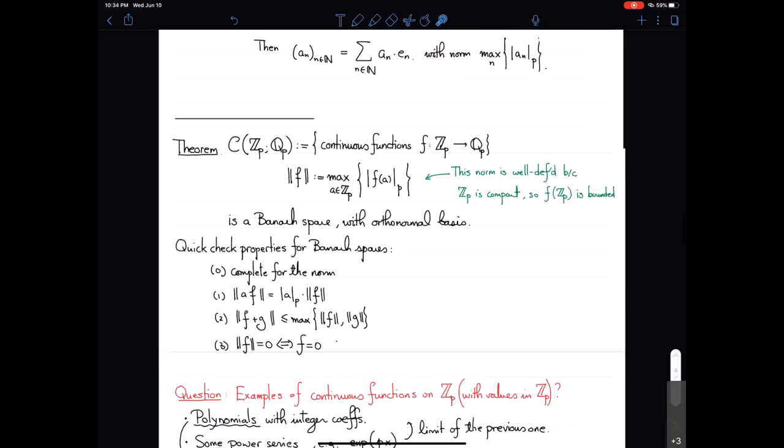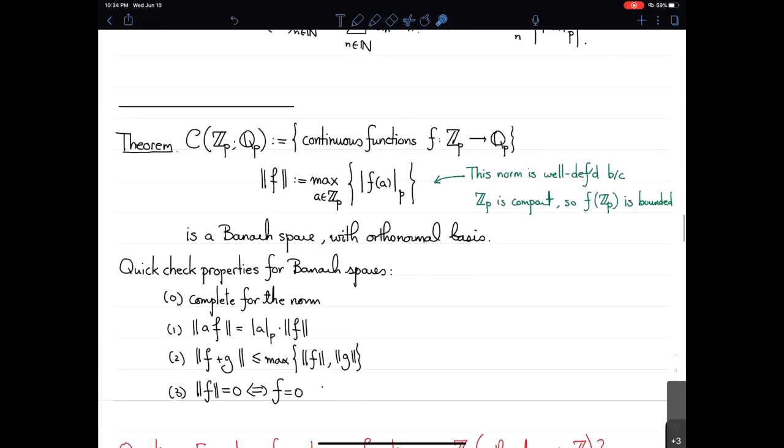This is the topic of my lecture series, which is about p-adic numbers on Z_p. I want to consider a continuous function on Z_p with values in Q_p. That's a p-adic function on Z_p. This looks like a continuous function from 0 to 1 with values in R in the real case, and I'm going to do the same thing.